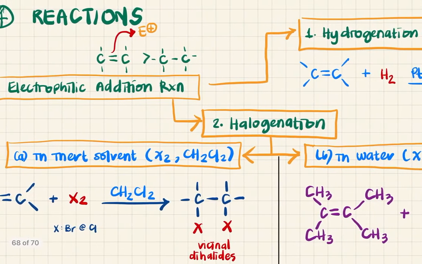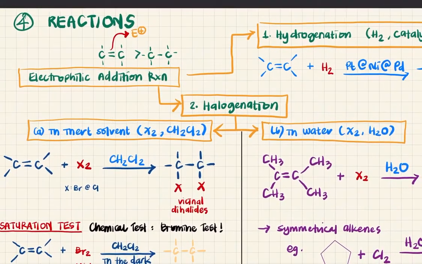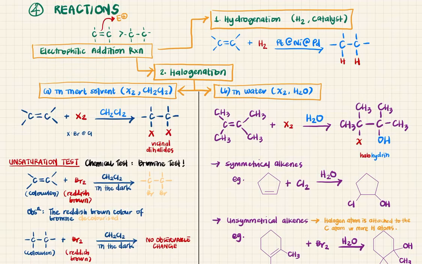Next you have halogenation. There are two ways to perform halogenation. This is one way, in inert solvent. X2 is your halogen molecule and CH2Cl2, dichloromethane, is your inert solvent.